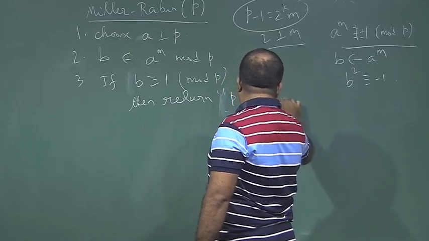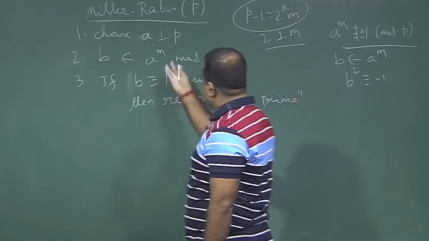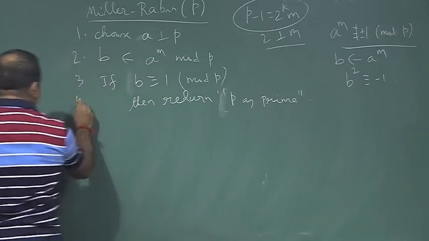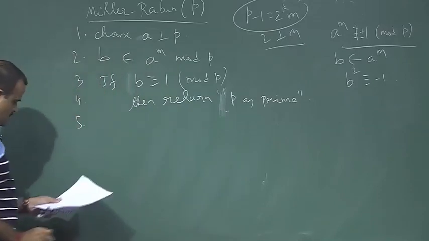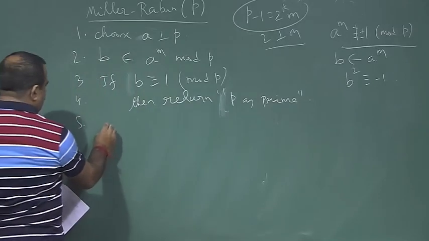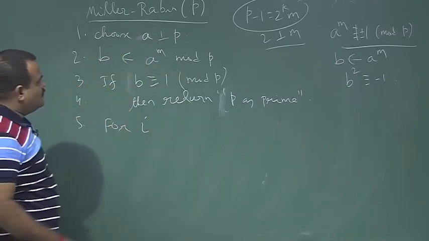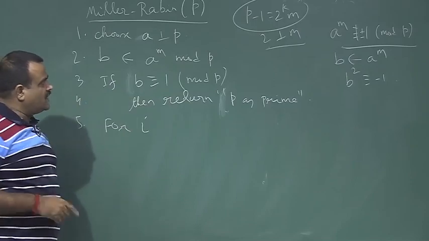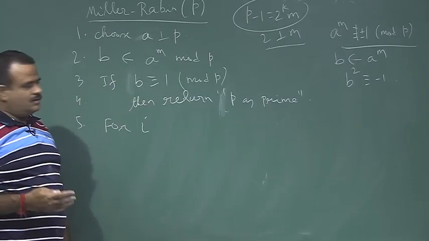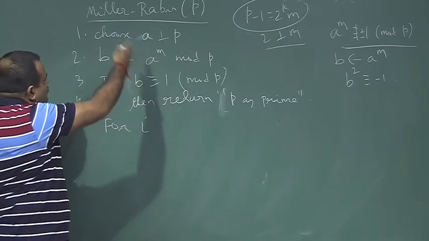It should be probably prime, or prime base a, something like that we have seen. Else, we have to check whether b square, b cube, they are giving us minus 1 or not. If they are giving us minus 1, then this condition is satisfied.